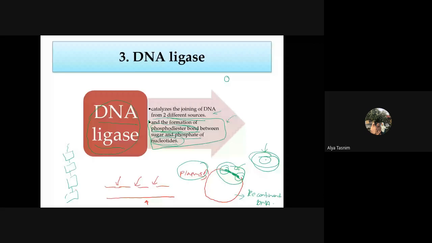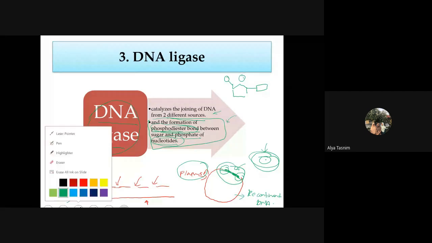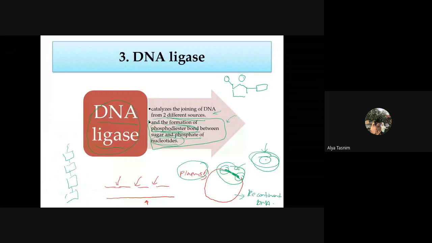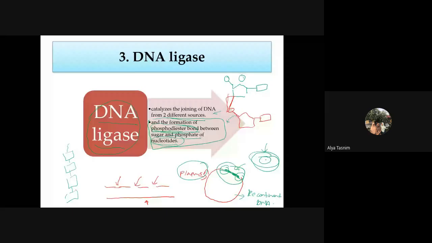I'll draw this again for you to recall. This is the first nucleotide of the chain. Say the green one is the last nucleotide of the gene of interest. You use DNA ligase to catalyze the formation of a phosphodiester bond with the subsequent nucleotide here. So this is the phosphodiester bond formed between the two nucleotides.